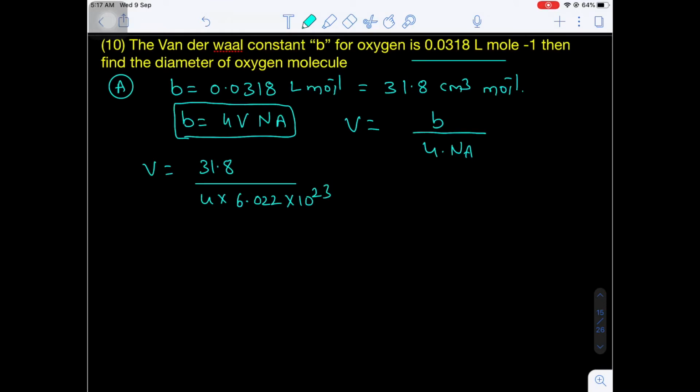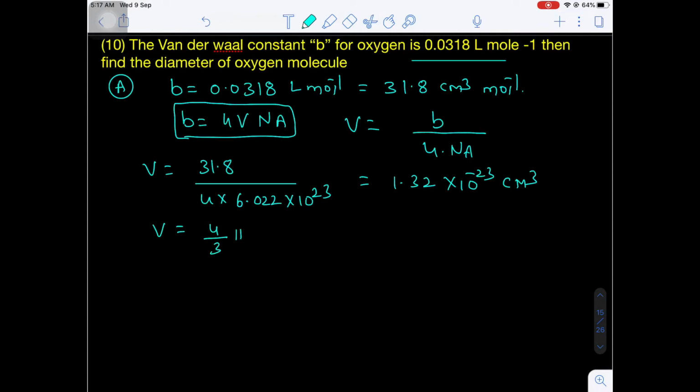Are you getting my point? So from here, the volume occupied by 1 molecule is equal to 1.32 into 10 raised to minus 23 centimeter cube.